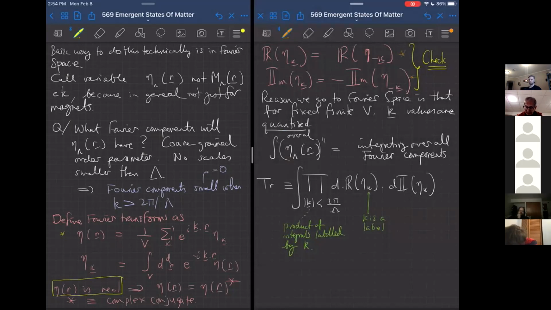So if I integrate over all of the variables, over all the labels k, we are getting everything twice. The reason for that is because k and minus k are not independent.